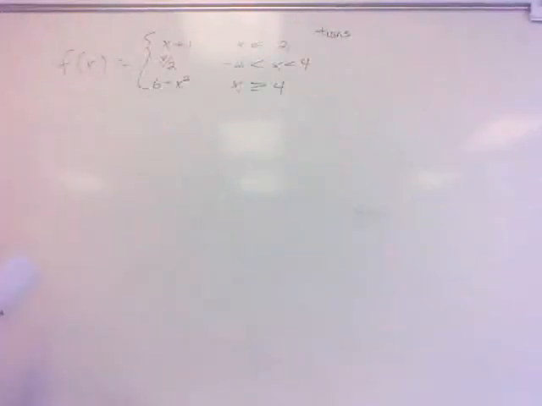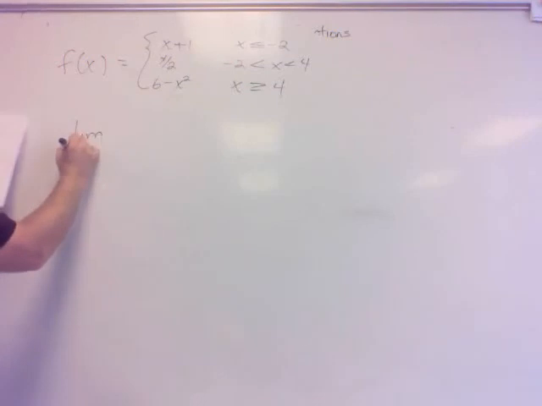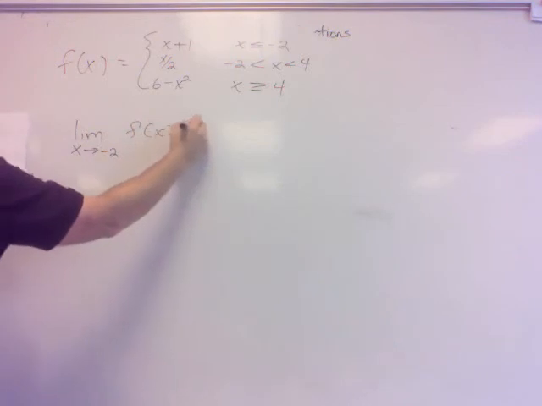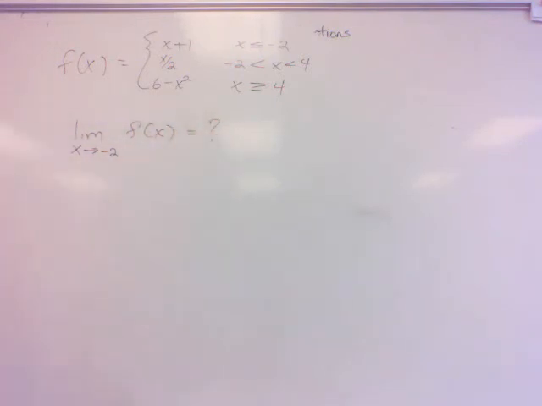So on this one, let's look at the limit as x approaches negative 2. We could do the same thing with 4 again, but let's look at x approaches negative 2.